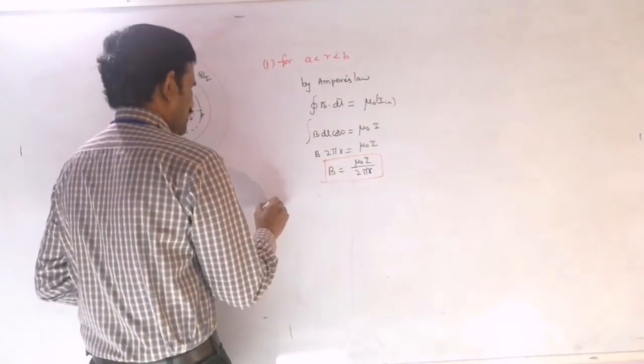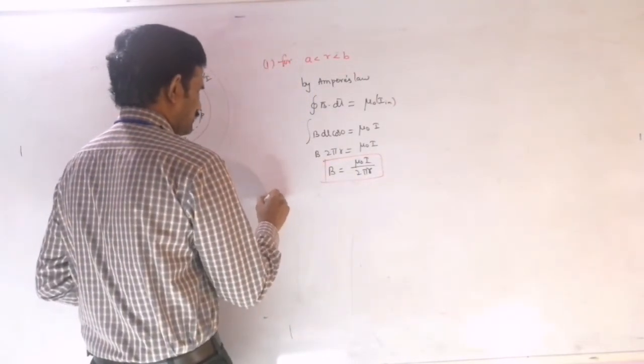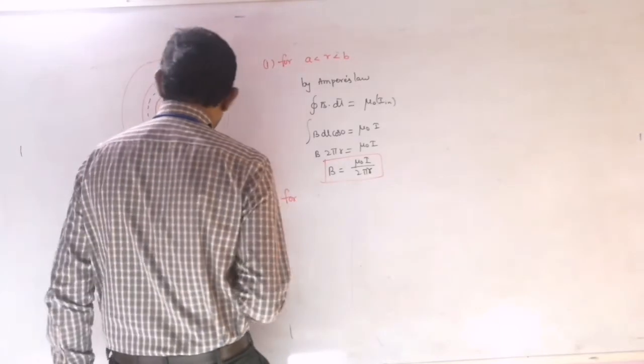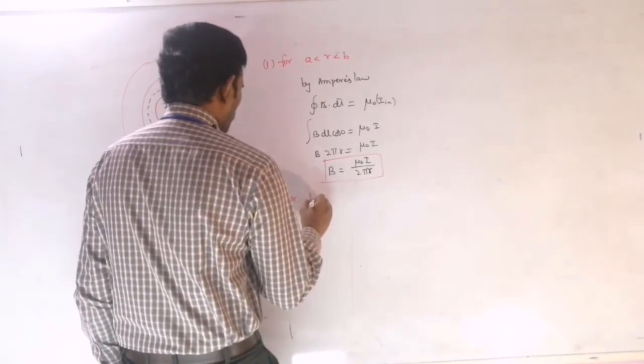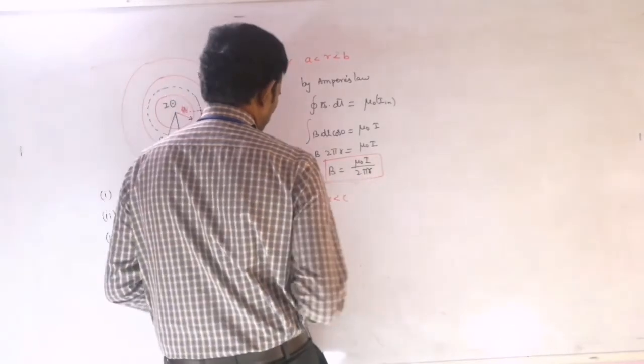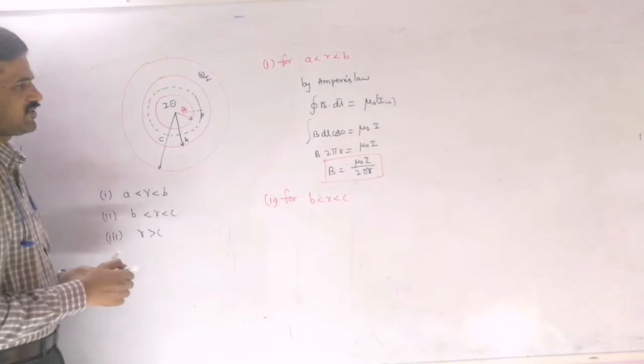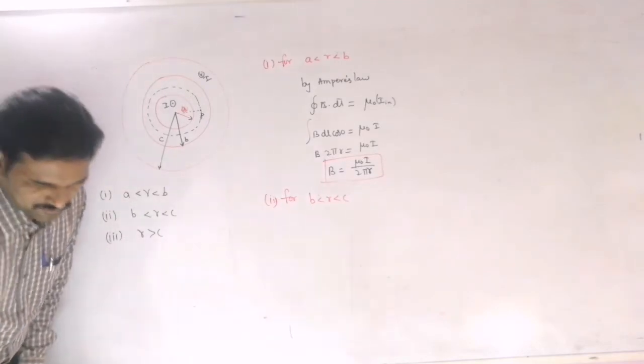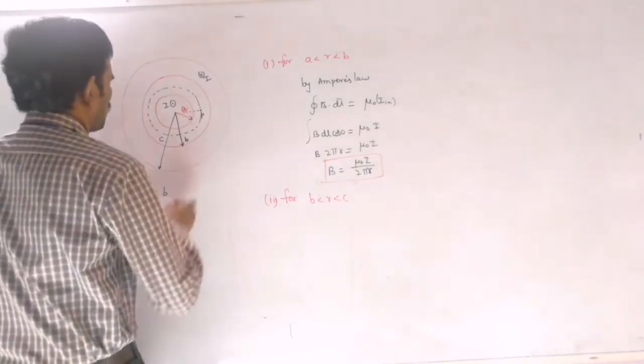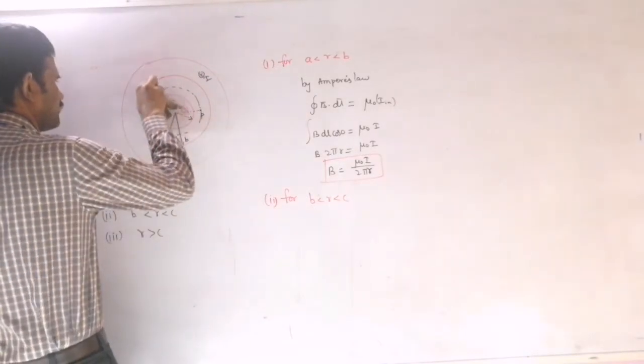And then next, let us come to the next case, for b less than r less than c. Now we are taking a point in between these two. I will rub this and take another point here.